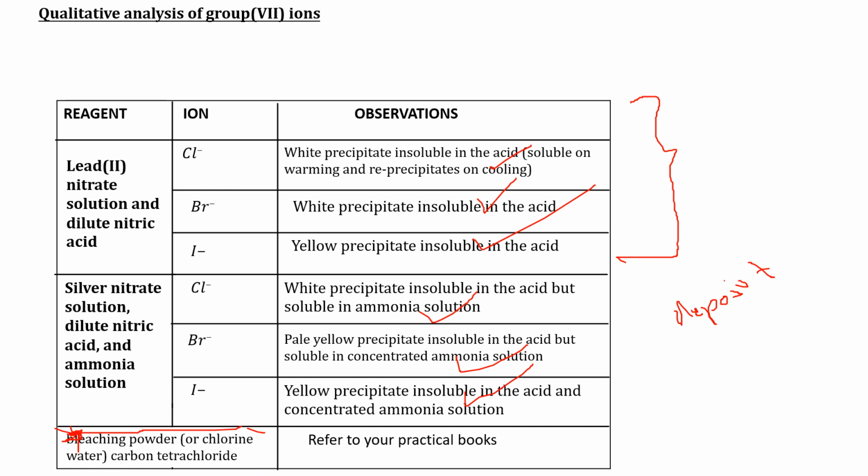For those of you who want to be good at chemistry, when you're reading inorganic chemistry, make sure you have your practical book by you, so that after reading about specific elements, you also read about the qualitative analysis part of them. So you write down this table and you research bleaching powder. Let's proceed to the next slide.